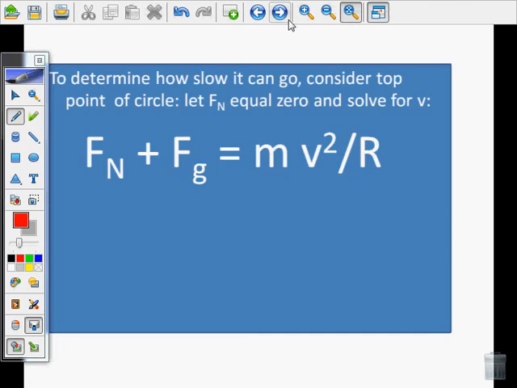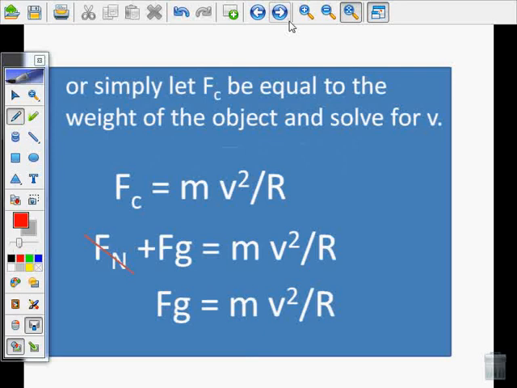Or another way of thinking about it, if the normal force is equal to 0, then essentially what's going to be providing all this centripetal force? Force due to gravity. Or simply let F sub c be equal to the weight of the object and solve for v.